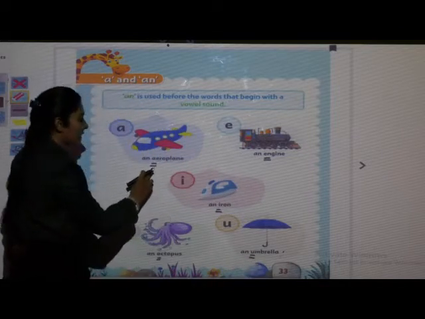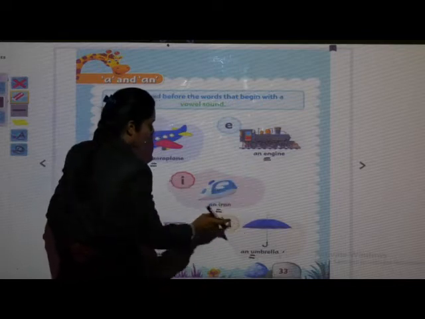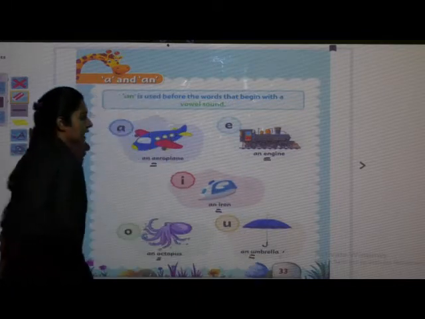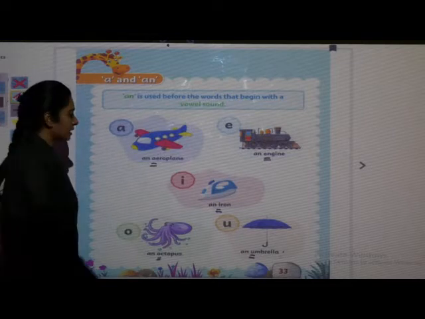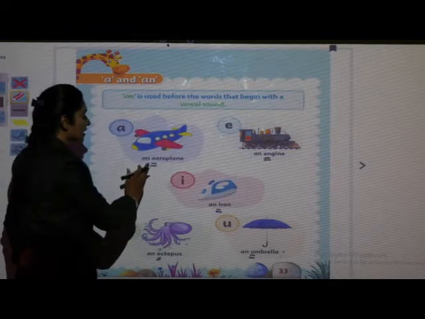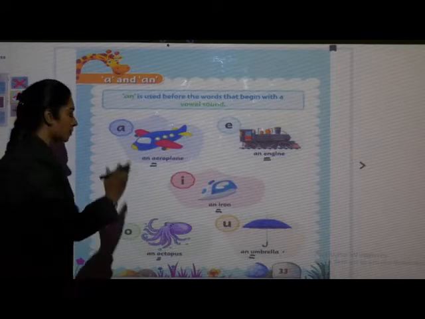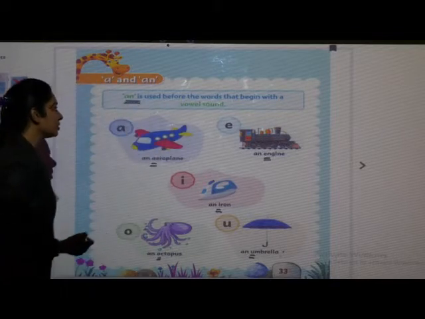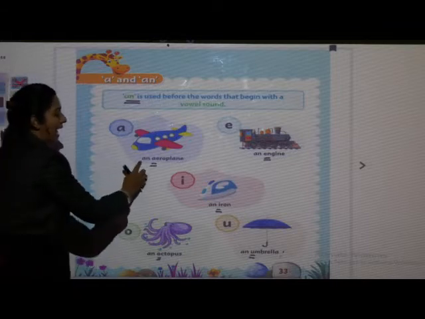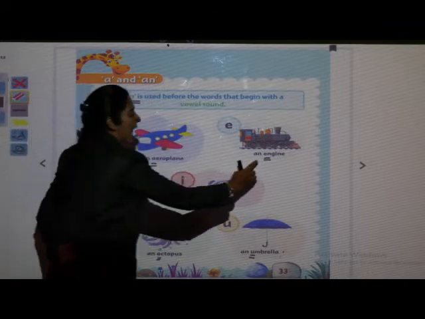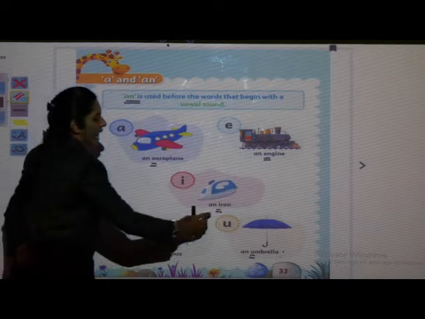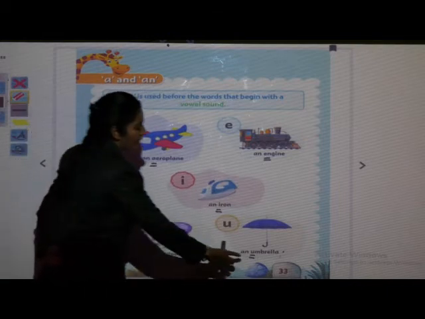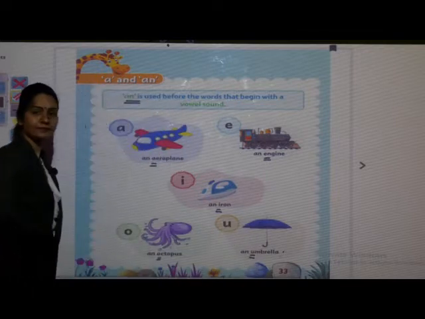These are the words which begin with the vowel sound. So before that what should we use? Before that we should use an: an aeroplane, an engine, an iron, an octopus, an umbrella.